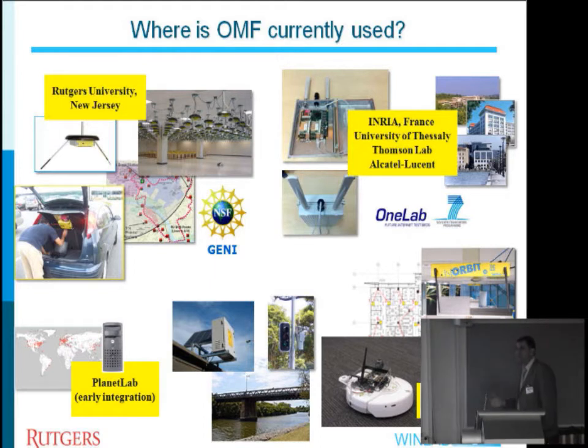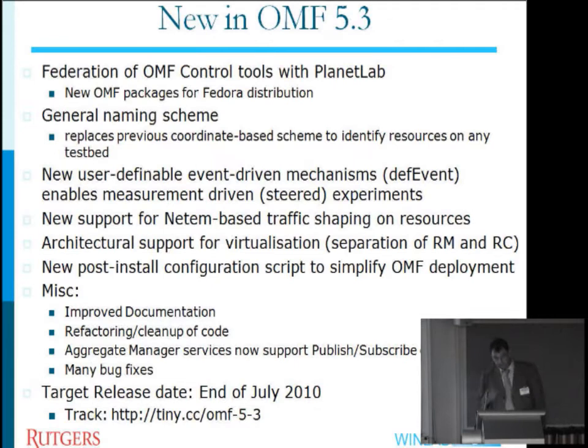By the way, OMF is now a completely independent project from Orbit, in the sense that even though OMF originally stood for Orbit, I think we renamed it Control Framework for Networking Experiments or something like that. So it now has a life of its own that's not strictly speaking related to Orbit, but quite a few places are using it. And again, we do have an early integration of PlanetLab in an attempt to bridge these multiple frameworks.